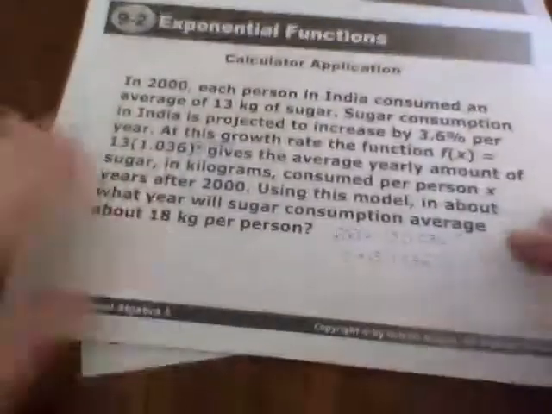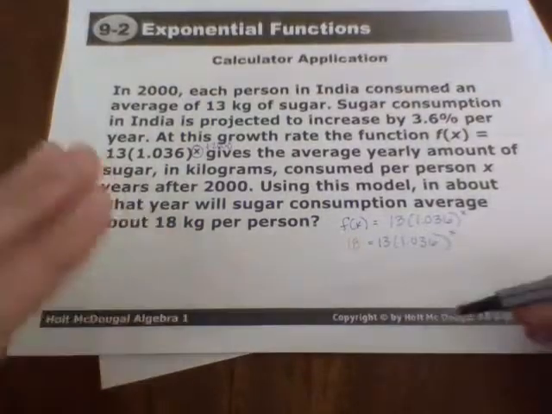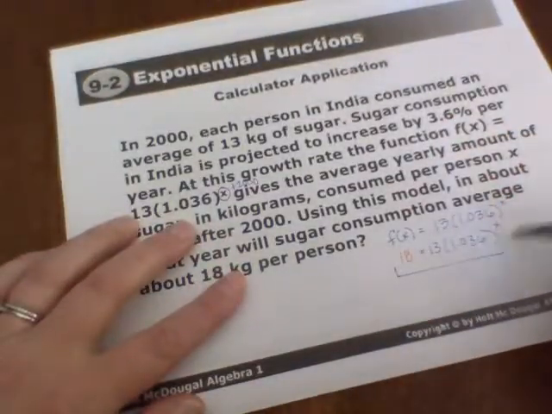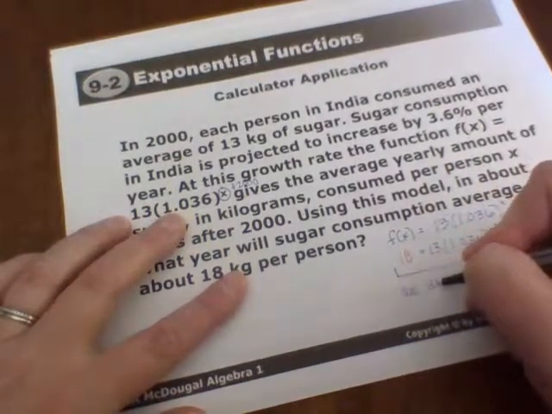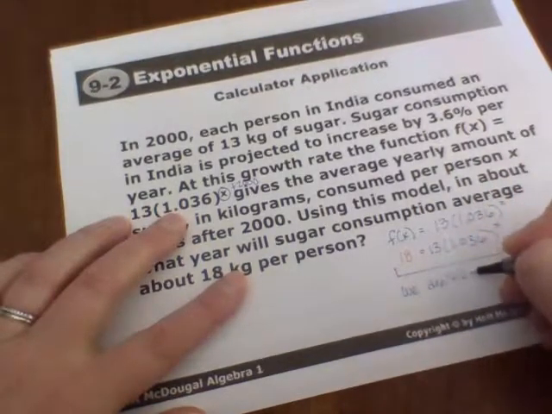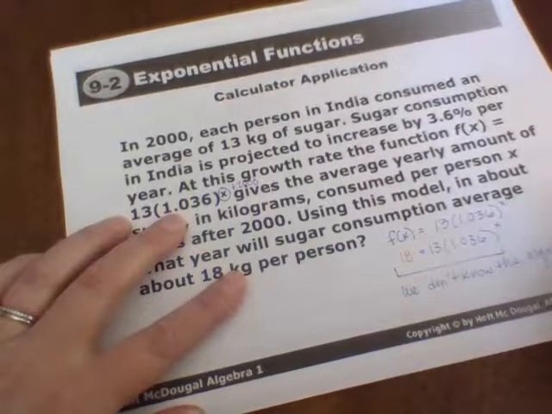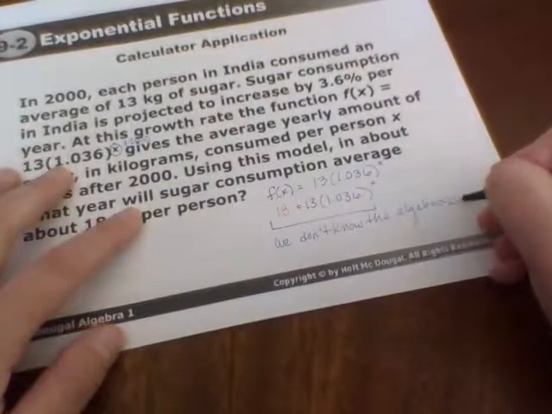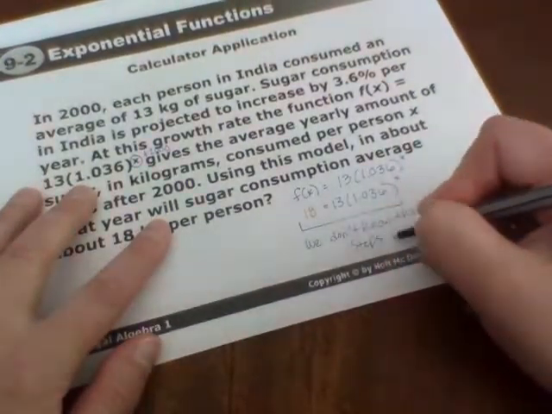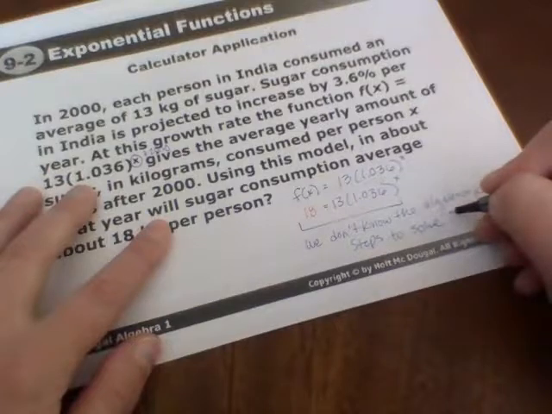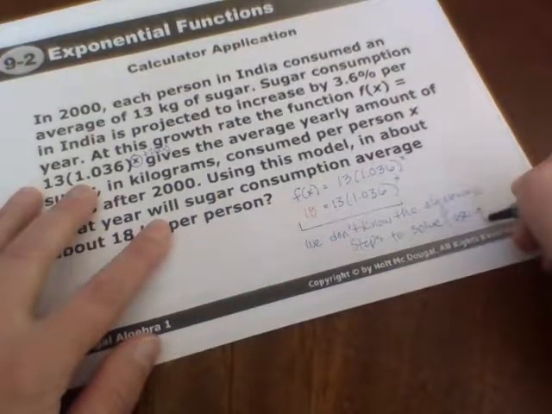The problem is that once we start dividing by something, we won't actually have the algebra to solve. So we don't know the algebraic steps to solve. And so instead, we're going to use the graph or the table.